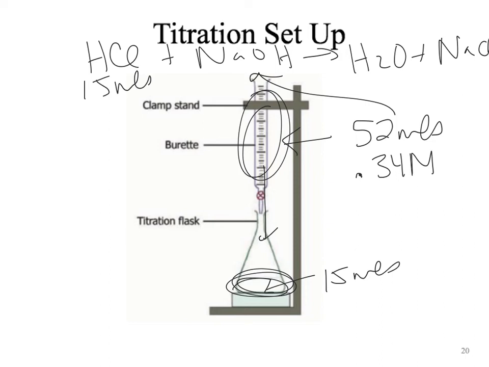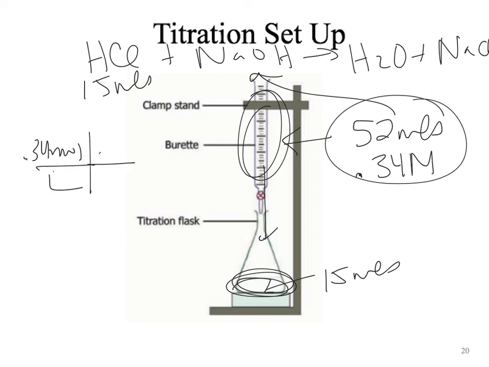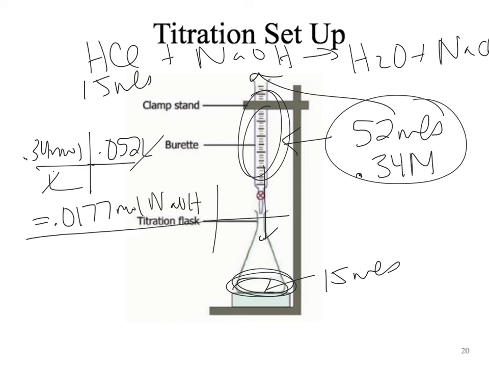So we're going to take 0.34 moles per liter, multiply by 0.052 liters, and we're going to get 0.0177 moles NaOH.